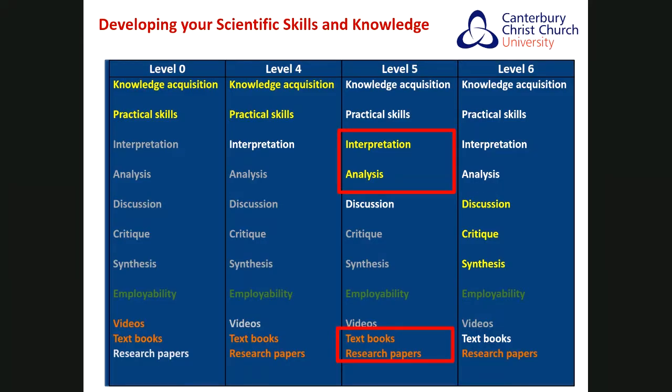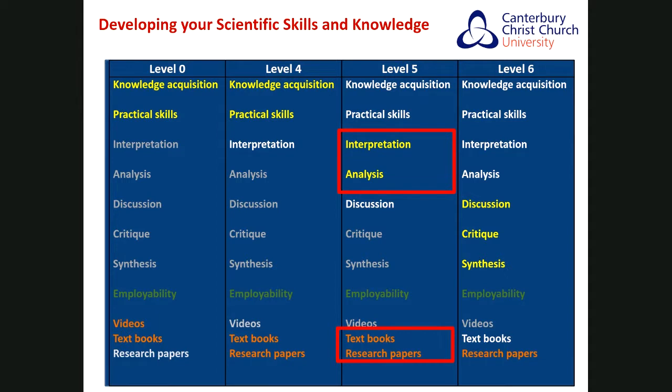So those of you that came to the welcome back, returning to level 5 sessions that we did at the beginning of September, you will have already seen this slide. And it just talks you through how your knowledge and skills develop from when you start either in foundation or level 4 to when you leave with your degree after having completed level 6.